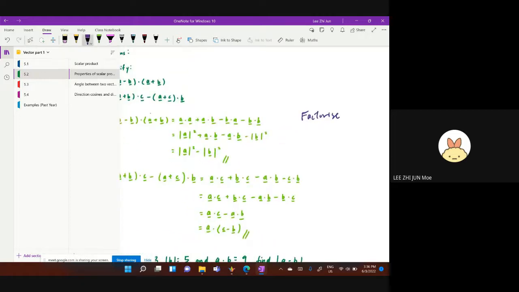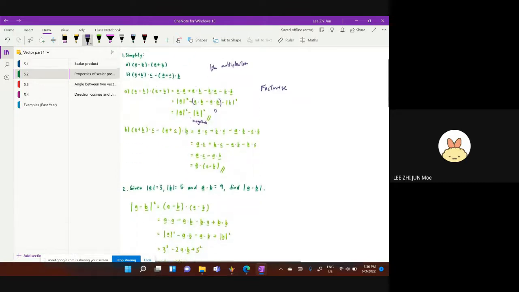The dot is just like multiplication, but it has some difference. A dot A will be A squared. A dot B minus B dot A, so this will be nothing, 0. Negative B dot B, so negative the magnitude of B squared.